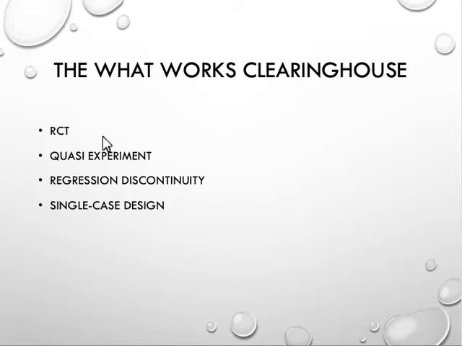If it's not one of these four designs, the What Works Clearinghouse will kick the study because it doesn't meet the design specifications that they have determined are effective designs. So we have randomized controlled trials, quasi-experiments, but these quasi-experiments have to have a control group. So they might not be randomly assigned to the control group, but there is a control group. We have regression discontinuity designs, which we'll talk about later, and we have single case designs. So today we're going over RCTs and quasi-experiments.